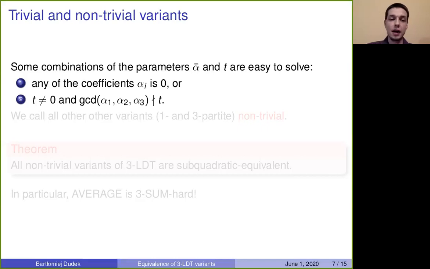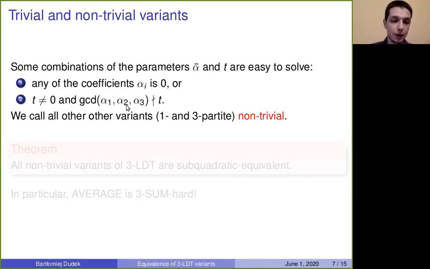So there won't be three elements from this set X satisfying this equation, because they are integers, and one hand side will be divisible by this GCD and the other will not. So these are the variants that we call trivial, and all other variants will be non-trivial. So both one-partite and three-partite.